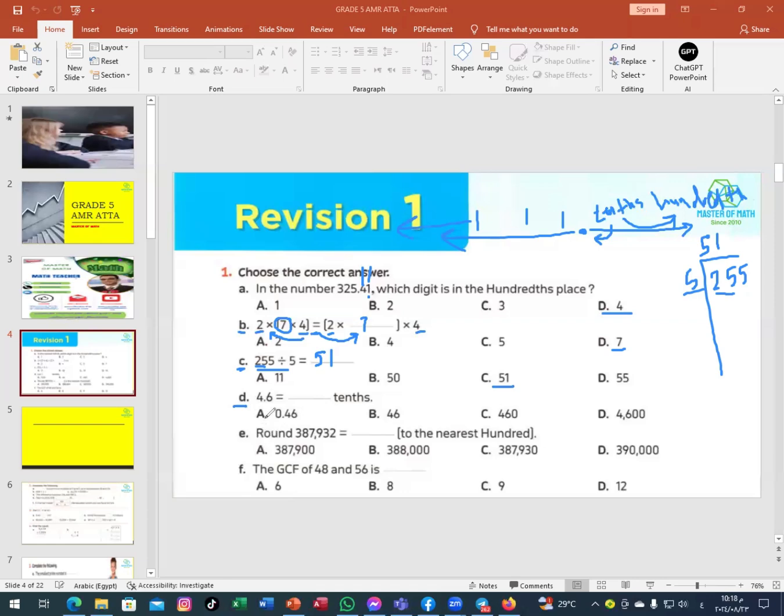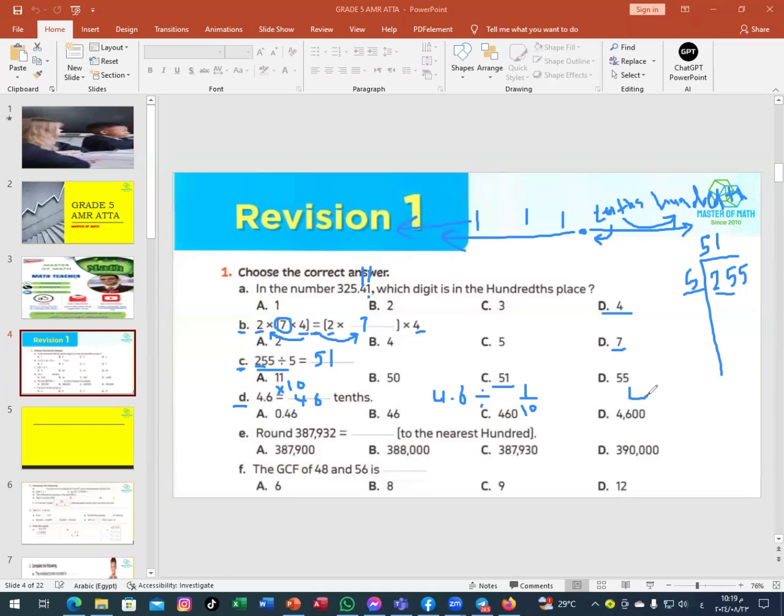The next problem is 4.6 tenths equals what tenths. It's like dividing 4.6 by 1/10, or I have 4.6 times 10. So the answer is 46.